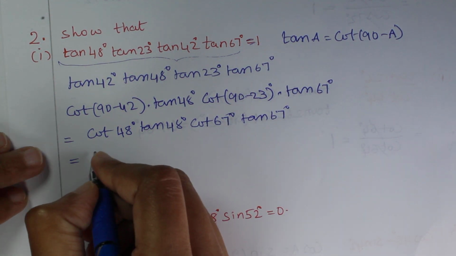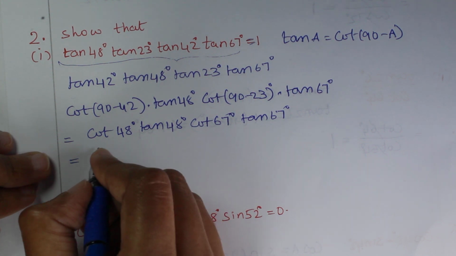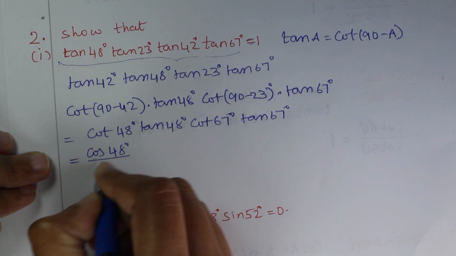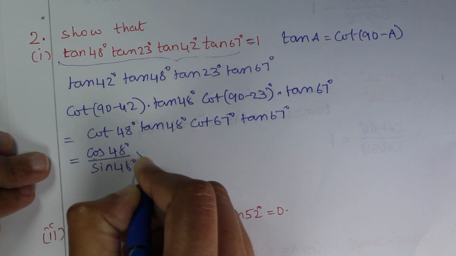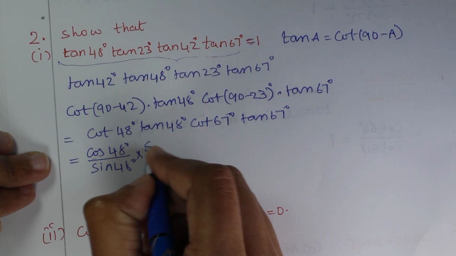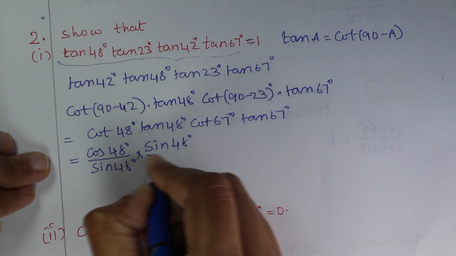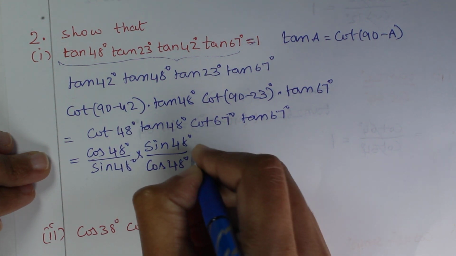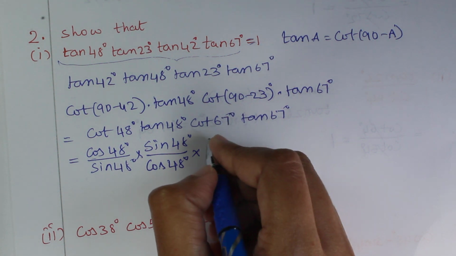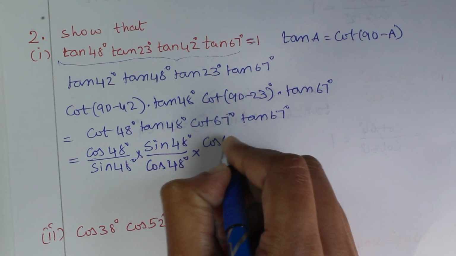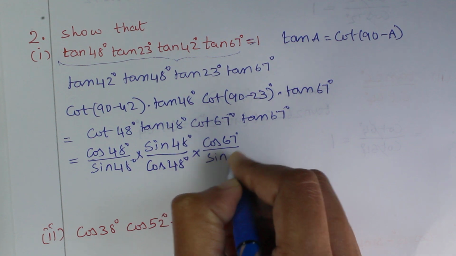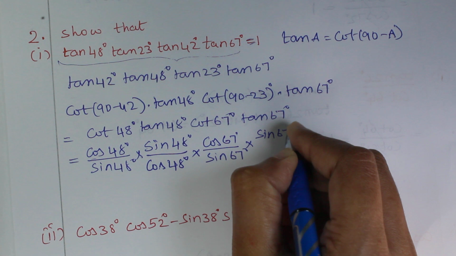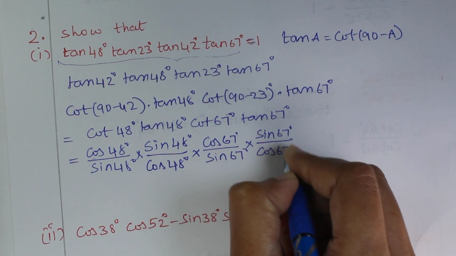We know that cot can be written as cos by sine, right? So cot 48 degrees becomes cos 48 degrees divided by sine 48 degrees into tan 48 becomes sine 48 degrees divided by cos 48 degrees into cot 67 degrees becomes cos 67 degrees divided by sine 67 degrees into tan 67 becomes sine 67 degrees divided by cos 67 degrees.